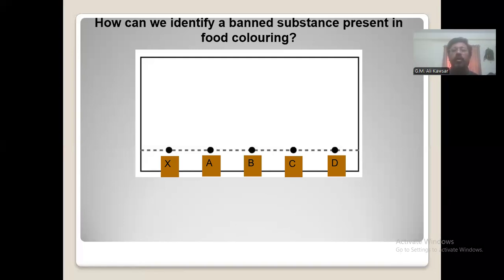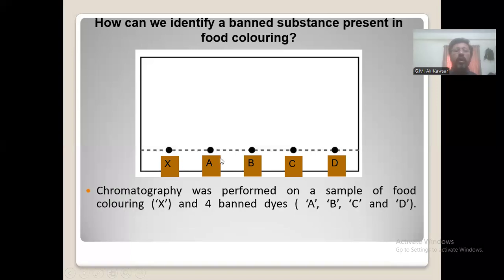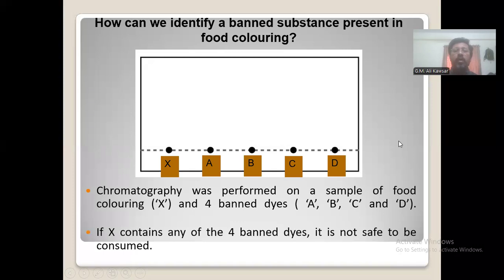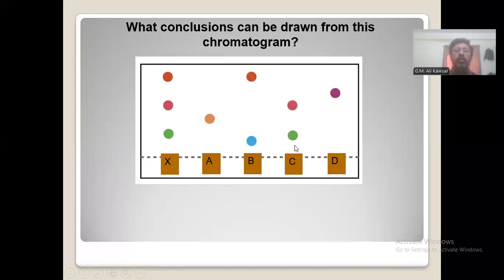Here is a practical example of the use of the chromatography technique. C is a banned substance which should not be consumed by our body. If C is available, it contains two different spots.